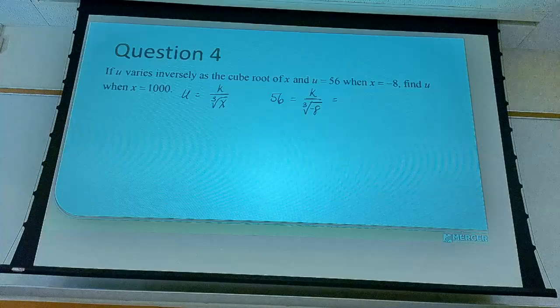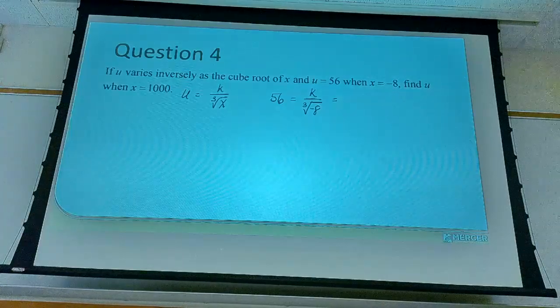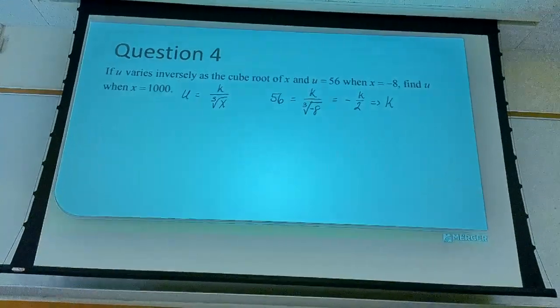Cube root of -8 is what? 2i? Negative 2. It's just -2. Why wouldn't it be 2i? Cube root.